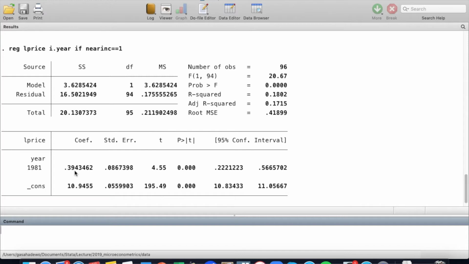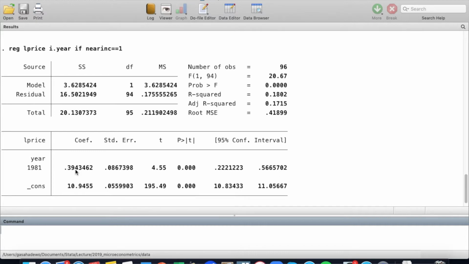It's quite high. Second, you're going to shock a lot of people if you want to claim this as an impact of the incinerator, saying that there is a positive impact of the incinerator on the prices of houses, because you're giving evidence that the increase is quite high at 39%.